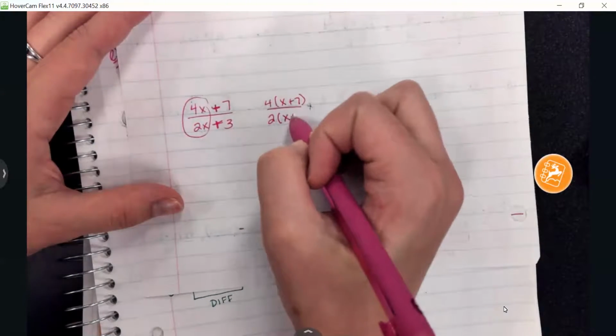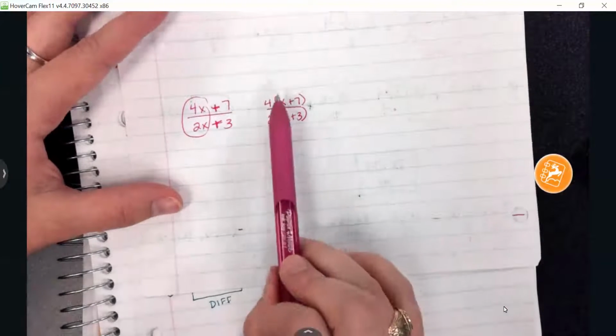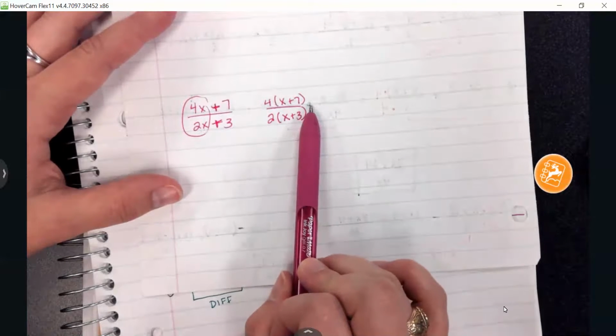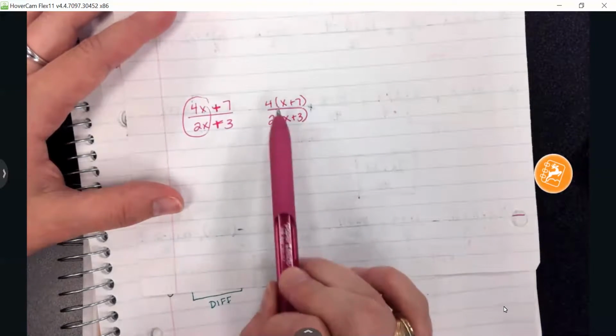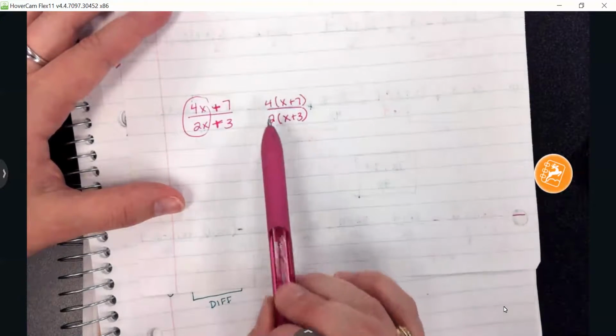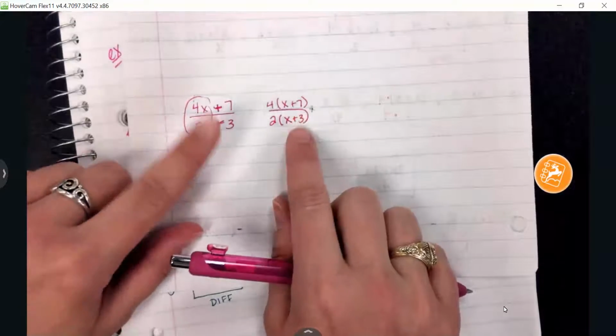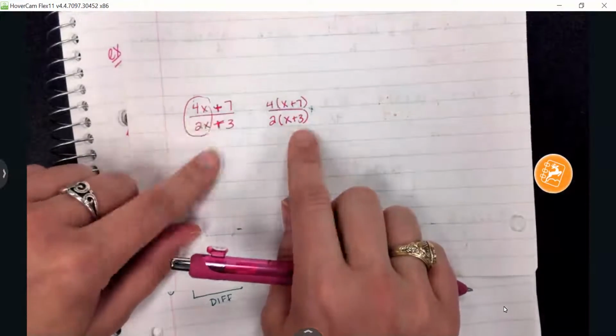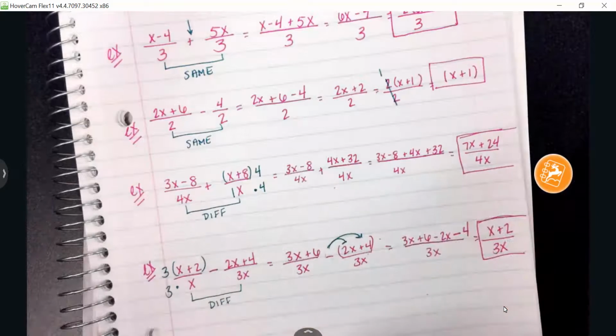They're not by themselves. If it said 4x times 7 and 2x times 3, is that 4 still attached to the 7? No. So then you can cancel. Do you see the difference between these 2 problems?